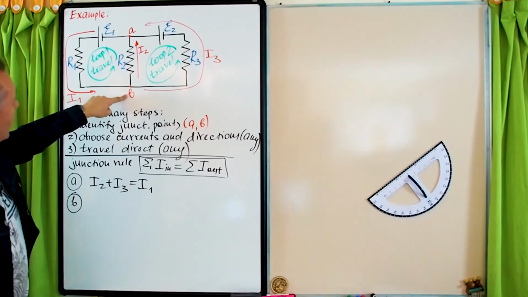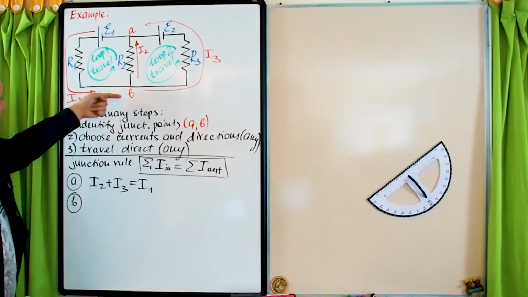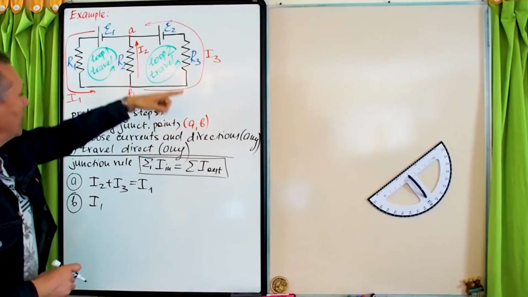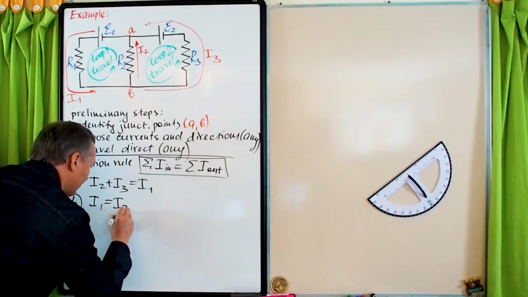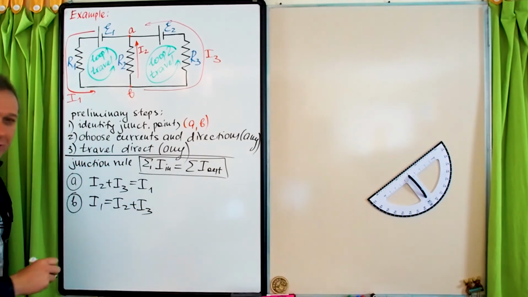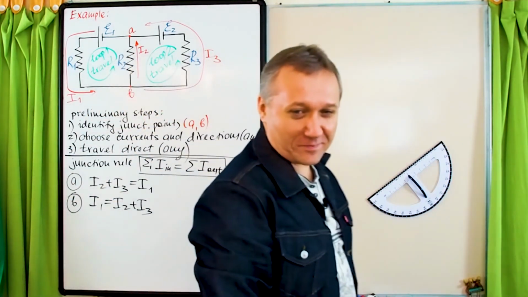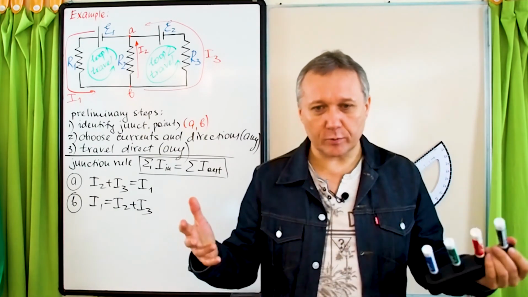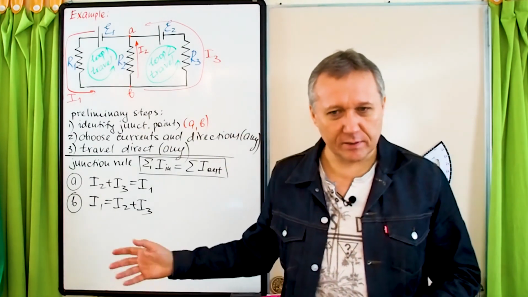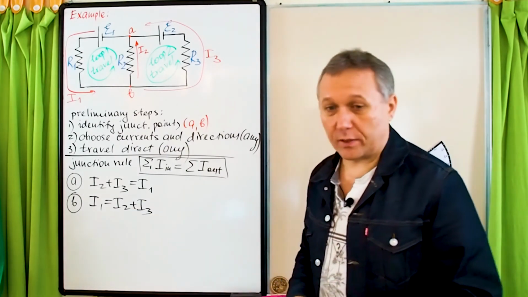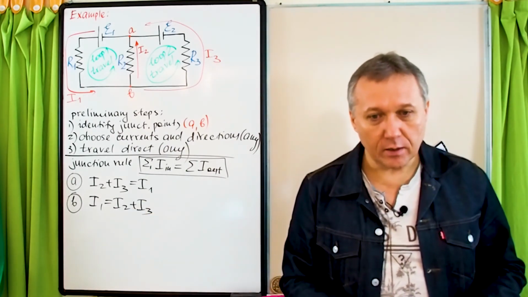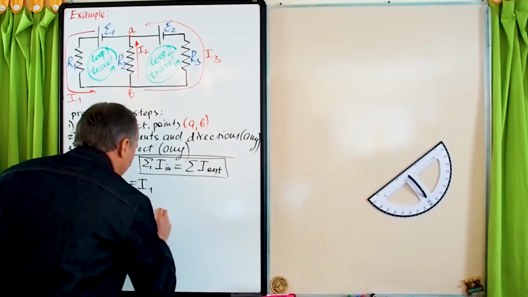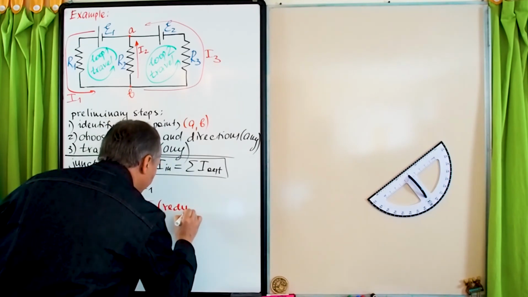Now the second junction point, B. So now in I1 and out I2 and I3. What's the difference between these two equations? There are no differences, right? They're identical. Of course, in fancy words, we can say they're linearly dependent. But basically, we can say one of them is redundant. So we can remove it because it doesn't give us any additional information, right? So I will just dump this, and I will write redundant.